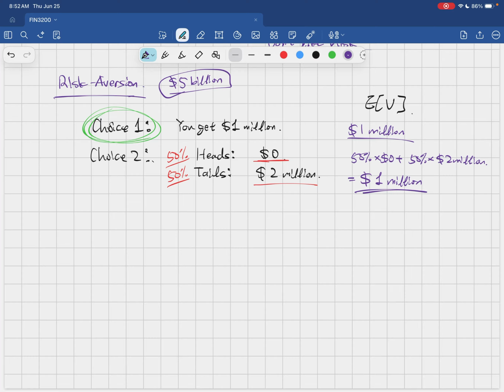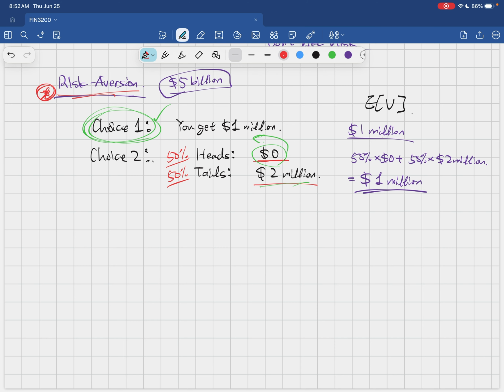But for most people, you're going to choose the first choice. You're not going to risk forgoing $1 million in the hopes that you'll get $2 million. That's just not a wise choice for most people. So this is another example that illustrates the concept of risk aversion.